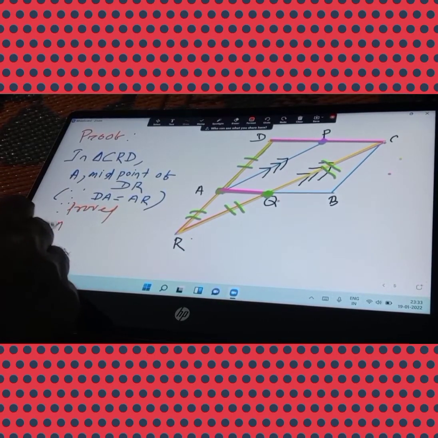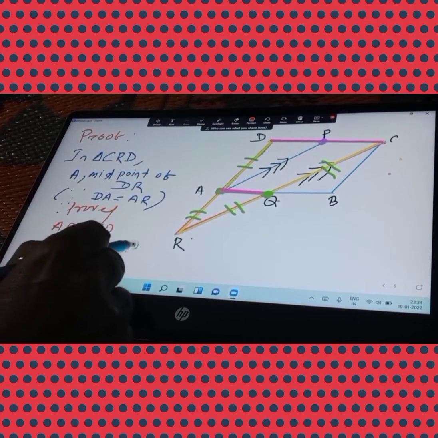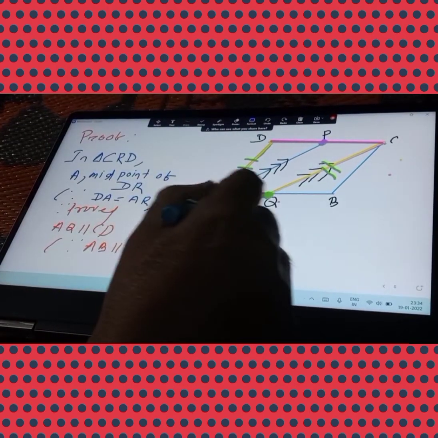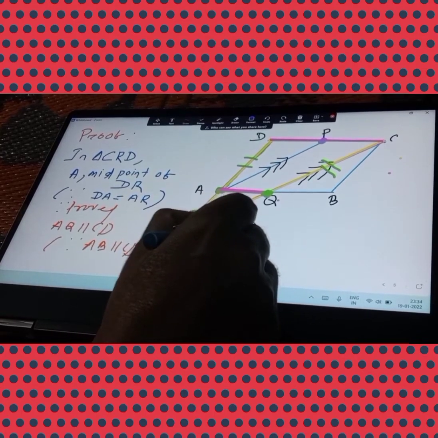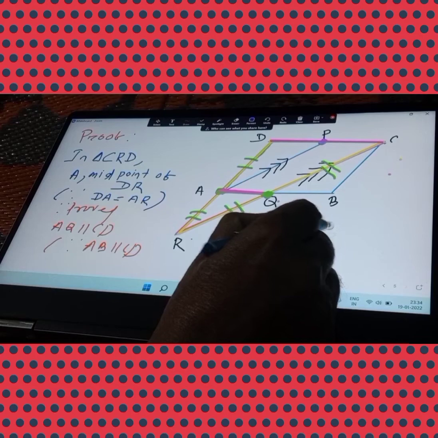And AQ is parallel to CD. Why? Since AB is parallel to CD, opposite sides are parallel. Yes or no? So according to the converse midpoint theorem, we can write Q is the midpoint of the side CR. Very simple question.